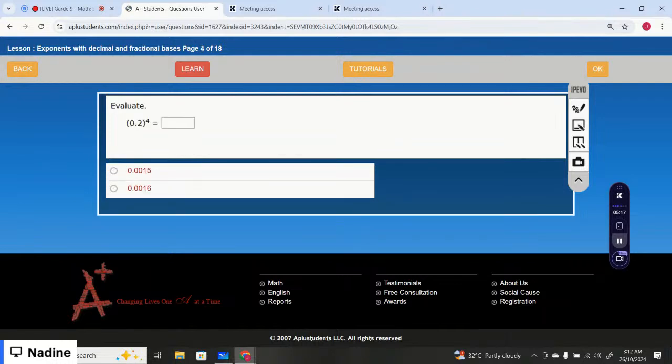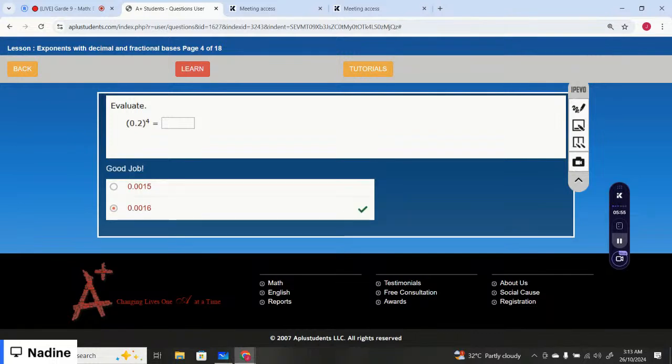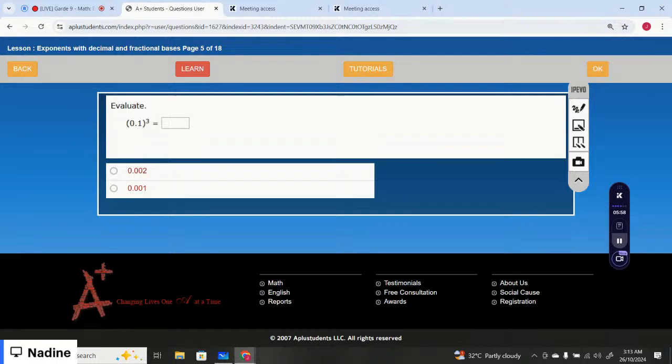Okay, the next one is 0.2 exponent 4. So which is the correct option? That is the second one. 0.016 is the correct option. The next one is 0.1 exponent 3.